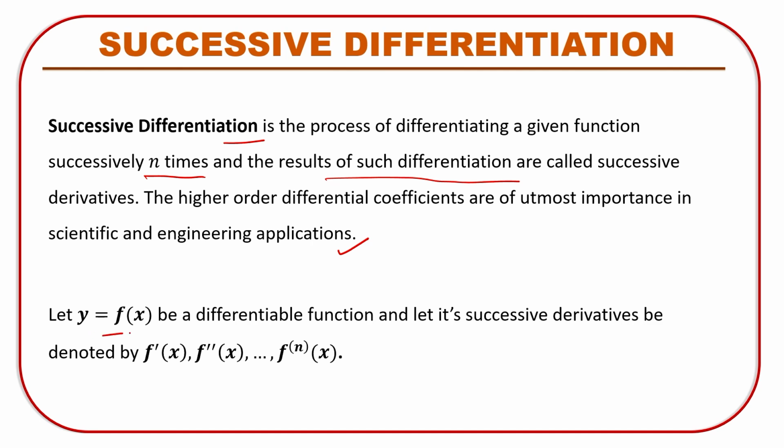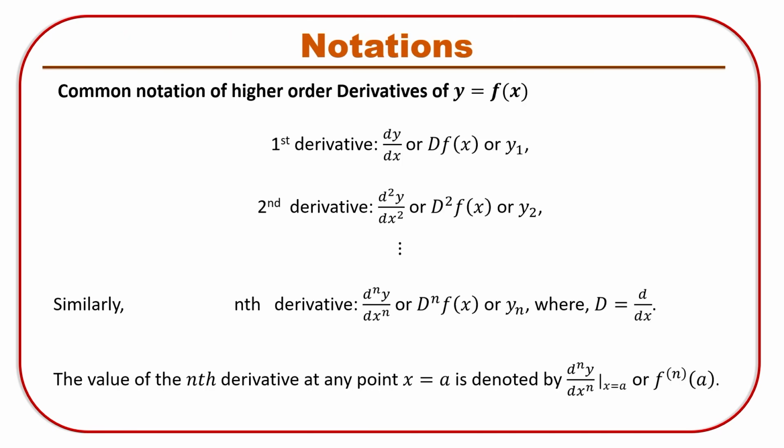So, let y equal to f(x) be a differentiable function, and let its successive derivatives be denoted by f dash of x, f double dash of x, f triple dash, and so on, and f n of x. This is the nth derivative of the function f(x). Now the common notation of higher order derivatives: y equal to f(x).